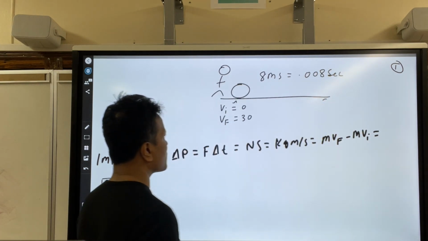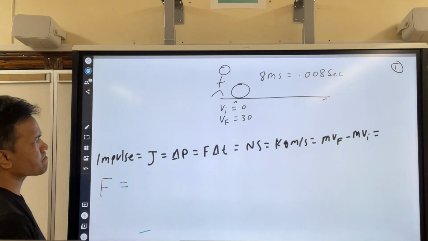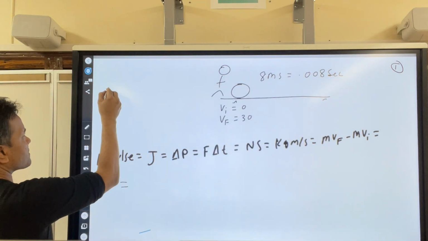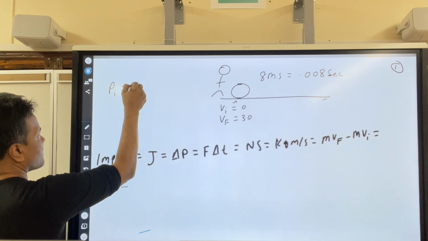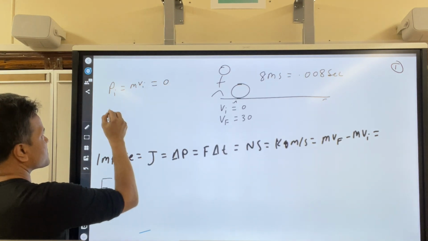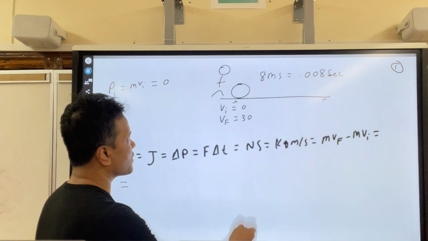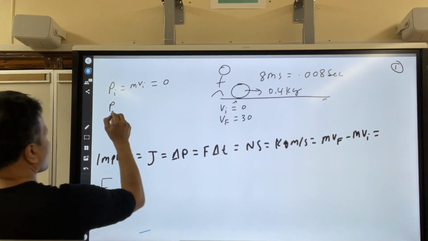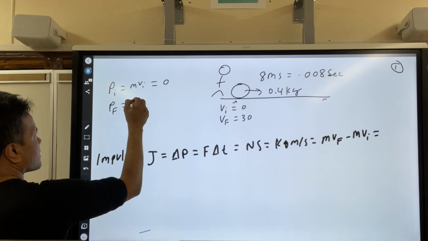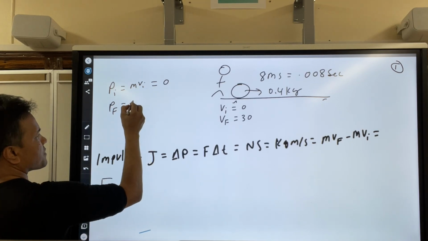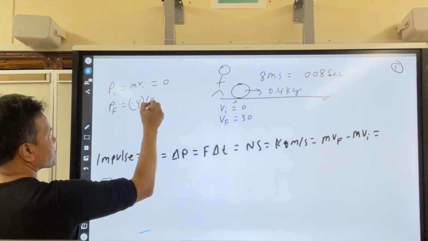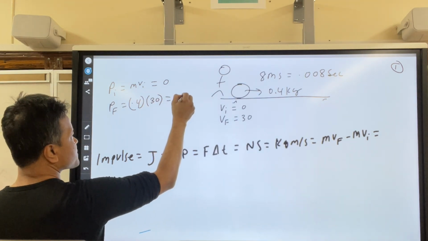So what is initial momentum? Initial momentum is mvi, so it is 0. Final momentum, let's say the football is 0.4 kilogram, so final momentum would be 0.4 times velocity 30. So 12 Newton second.